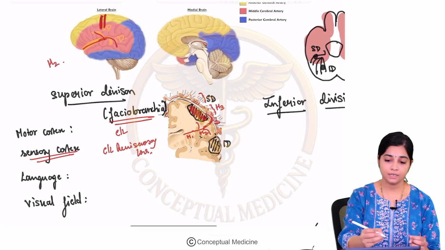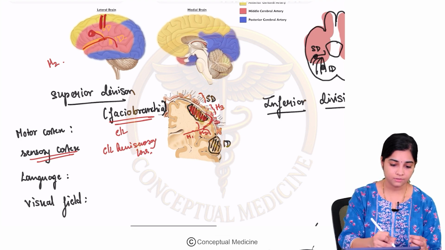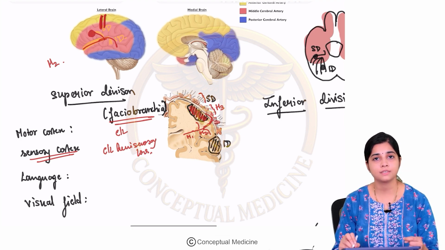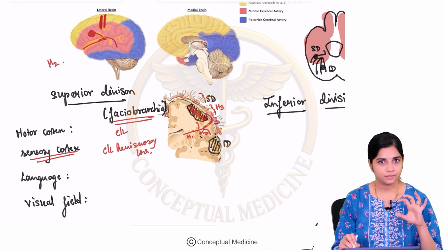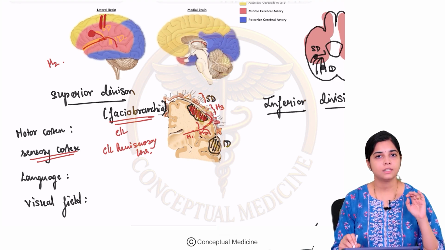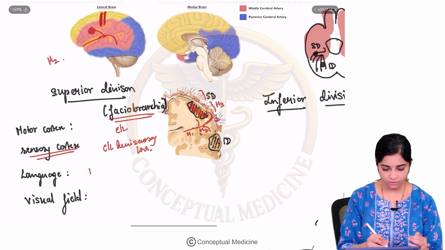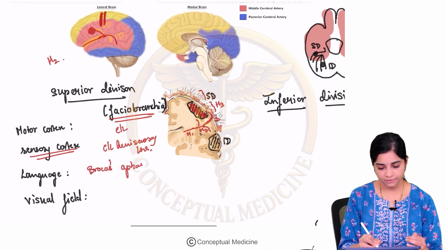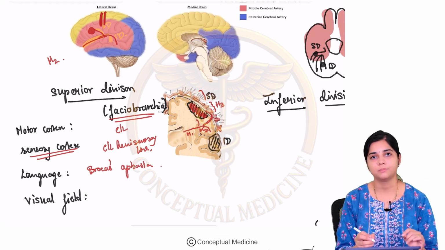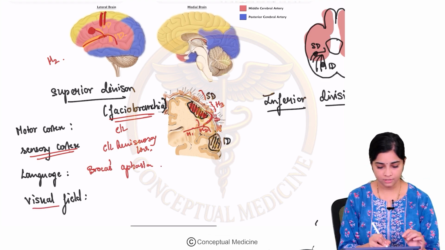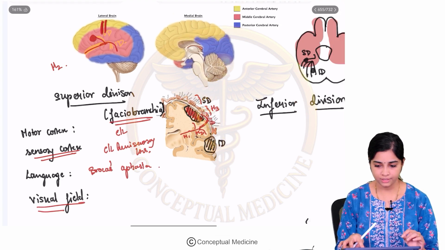Then which area is going to be affected as far as the language is concerned? Yes, it is the area present in the inferior frontal lobe, which is your Broca's area. So you will have Broca's aphasia in isolated superior division M2 involvement. Okay, then let us look at the visual field defects.